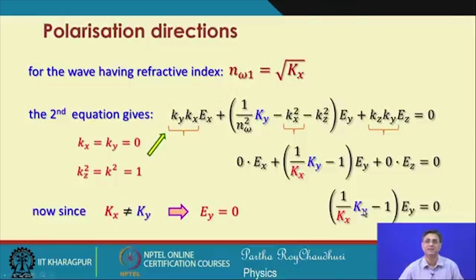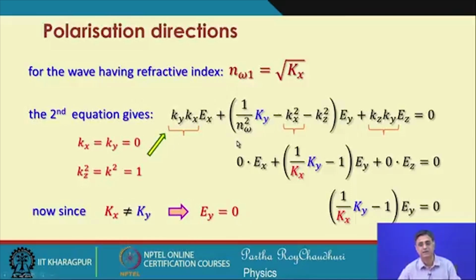So, the only possibility is that E x is not equal to 0. So, the consequence of n omega 1 equal to the square root of k x, the permittivity along the x direction, is that E y cannot exist. So, E y must be equal to 0.